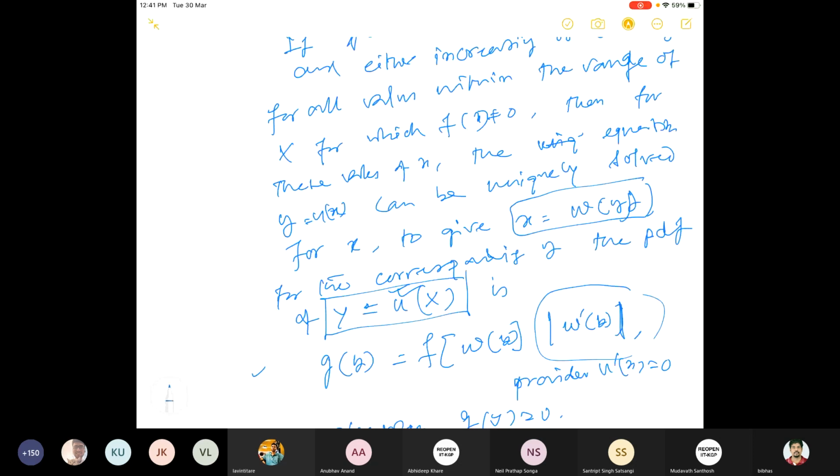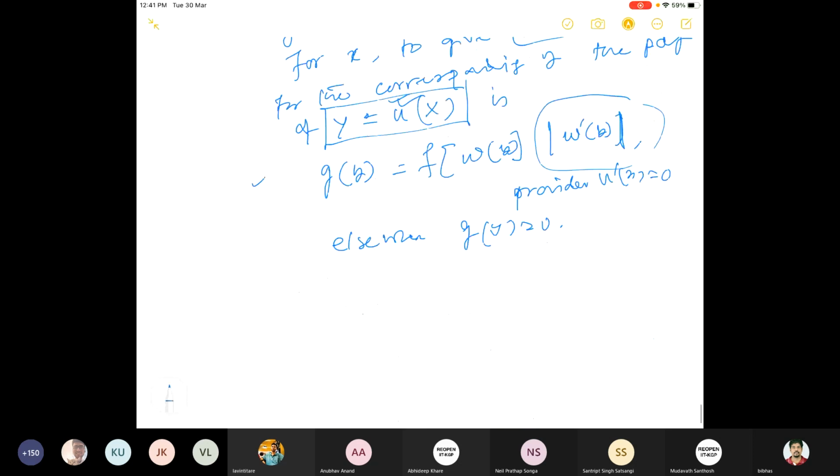So let us see an example to make the point clear. So example, suppose x is following an exponential distribution.